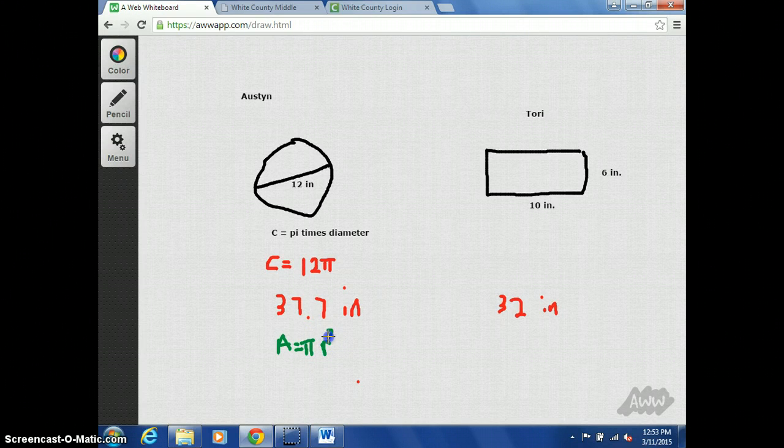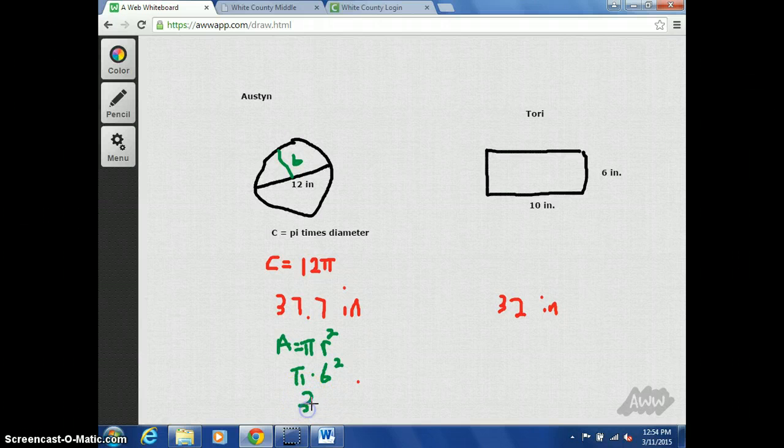So in this one, if the diameter is 12, what's the radius? 6. So I'm going to plug in a 6 for the r and multiply. What's 6 squared? It's 6 times 6.